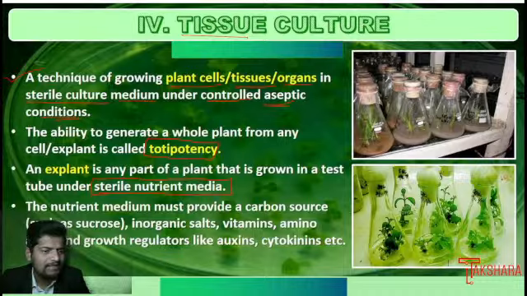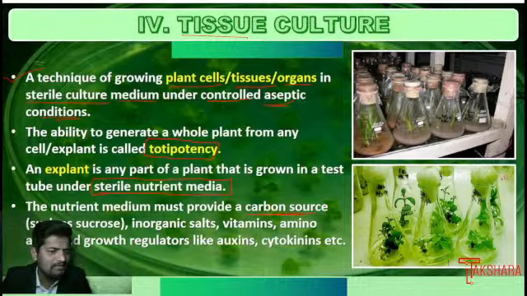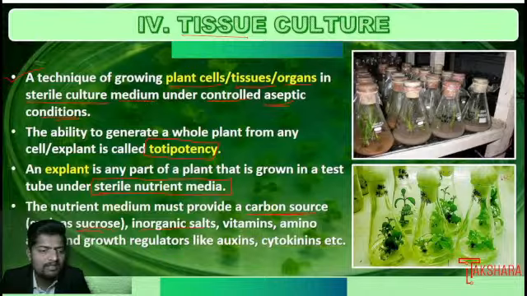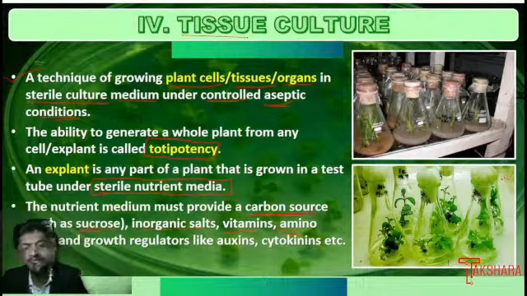The nutrient media must provide the carbon sources, which is energy, that is sucrose will be required, inorganic salts will be required, vitamins will be required, amino acids will also be required, and growth regulators.